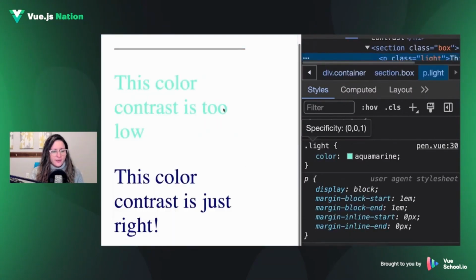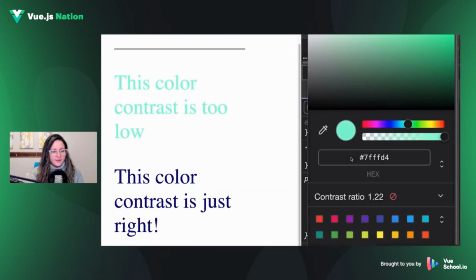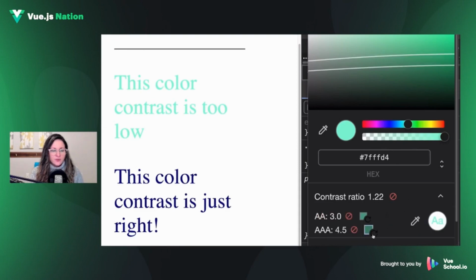So I'm using Chrome. I'm going to go ahead and inspect that element. And as you can see, if I select the color for that specific element, we see that Chrome DevTools shows us that it has a contrast ratio of 1.22, which shows us that it's not enough contrast. And if I expand on that, you can see that 2 lines appear on the color picker.